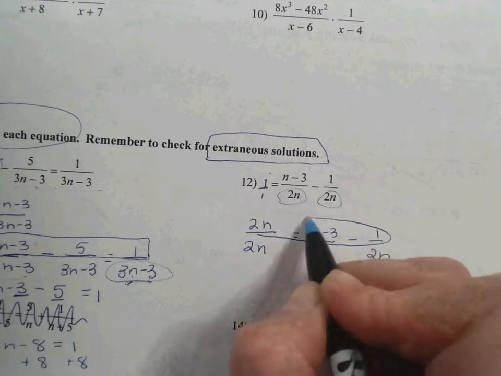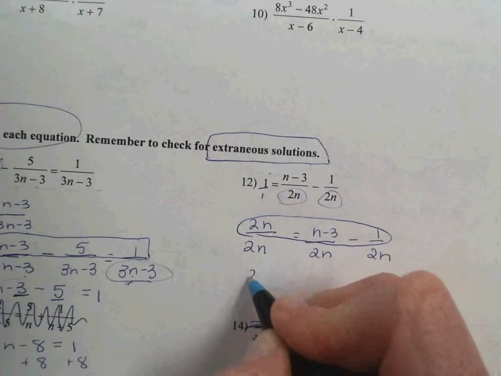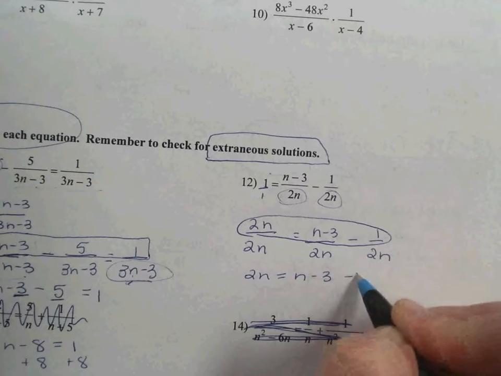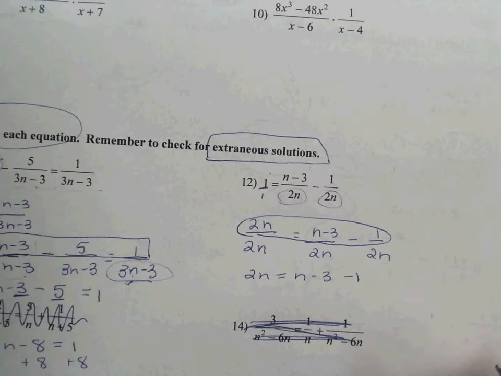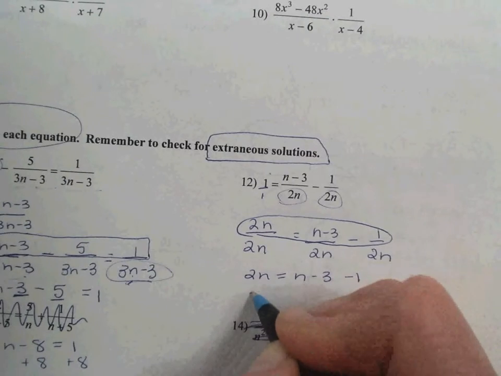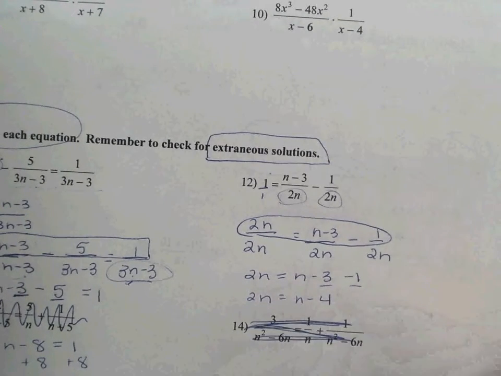Step 2 is just look at the numerators and make an algebraic equation. So 2n equals n minus 3 minus 1 and solve. So combine like terms. I have n's on both sides.